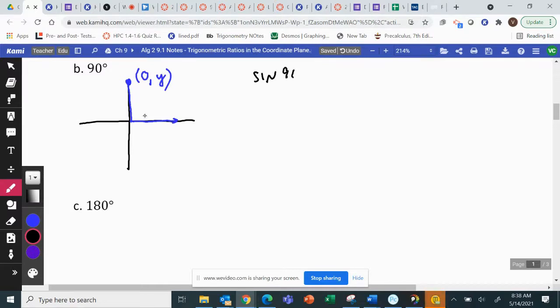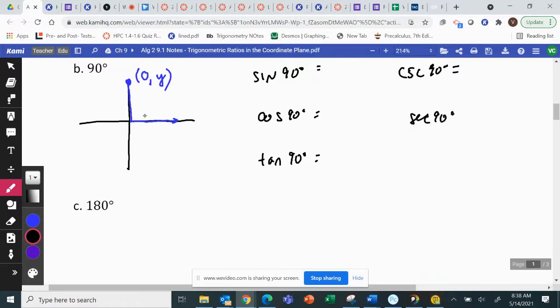So we're doing the sine of 90, the cosine of 90, tangent 90, and then we'll do cosecant 90, secant 90, and cotangent 90.